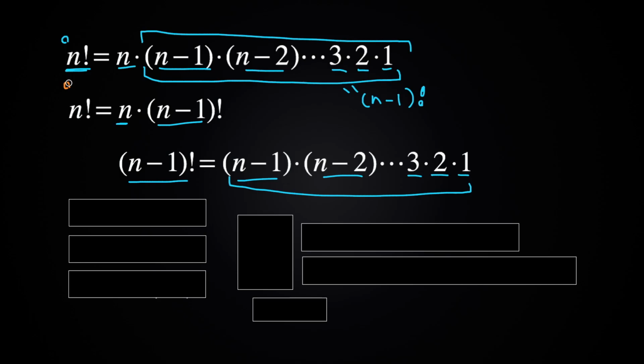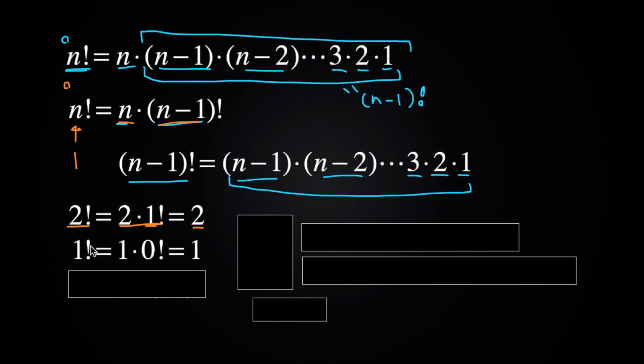Let's see why. If you plug in 2 to n right here, it works just fine because you'll get 2 factorial being equal to 2 times 2 minus 1 factorial, which is 1 factorial. And 1 factorial is 1, so 2 times 1 factorial is 2, and that's correct. What if you plug in 1 here?